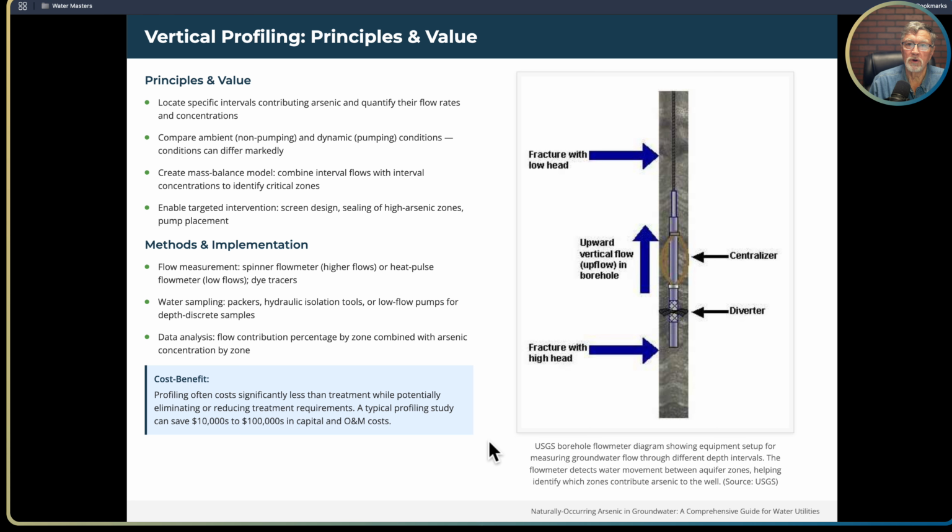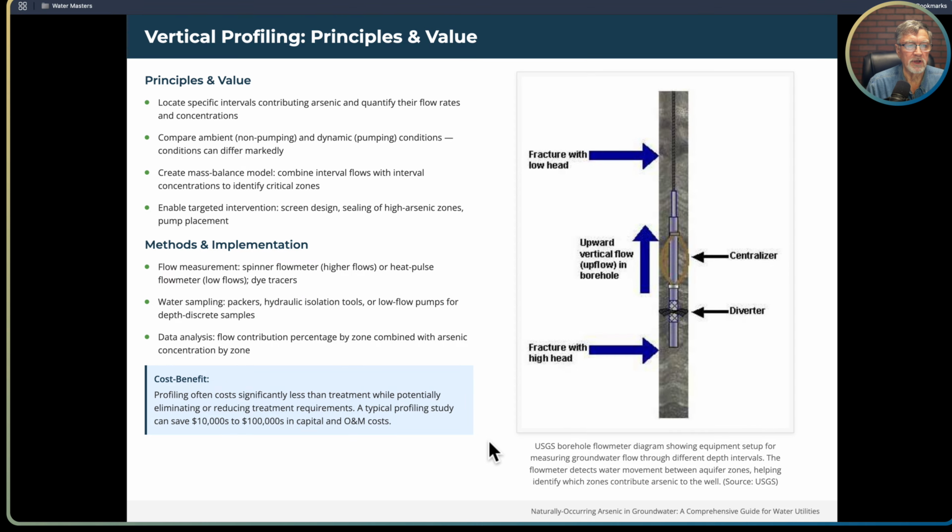You look at flow under dynamic conditions, which is pumping conditions, and under ambient conditions, which is non-pumping conditions, and determine the contribution of these different zones. Then you run a mass balance to determine which of the higher arsenic zones you can screen off or seal off and still get a productive well that's going to reduce your arsenic inflow into the system.